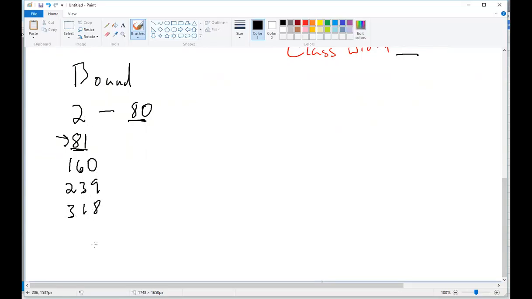Notice I'm just doing these lower limits first. I'm going to add again. That's 397. I'm going to add 79 again: 476. How many bins do I have? 1, 2, 3, 4, 5, 6, 7. I need 1 more. So 555 is my lower limit for my last bin.